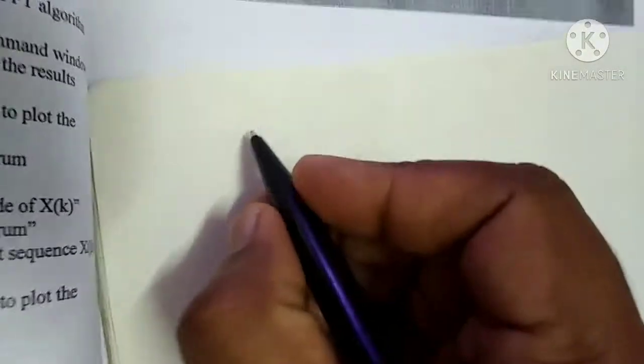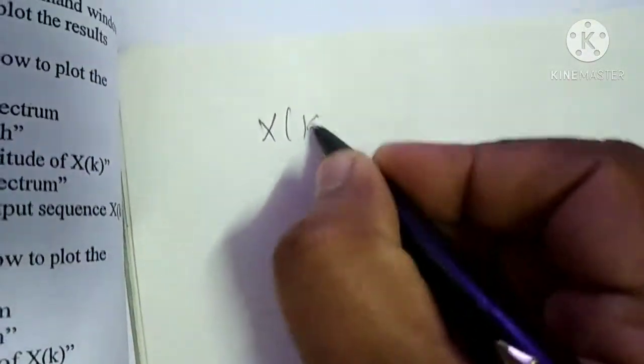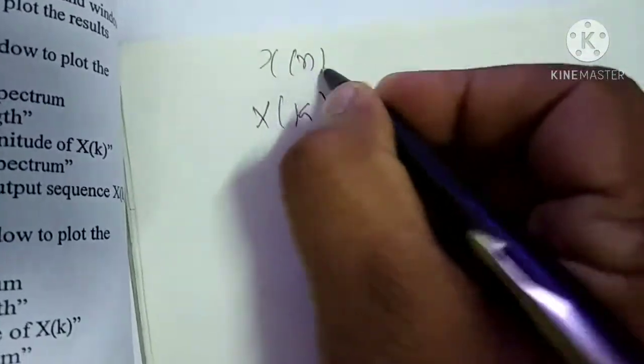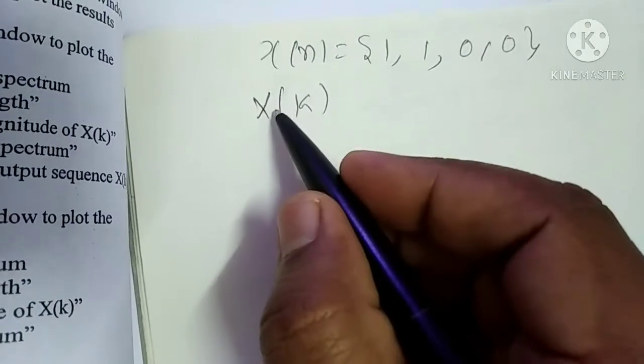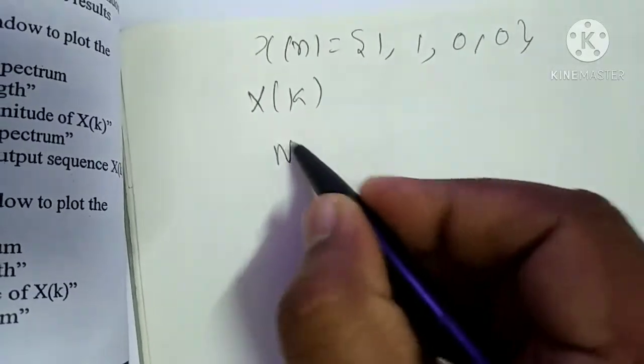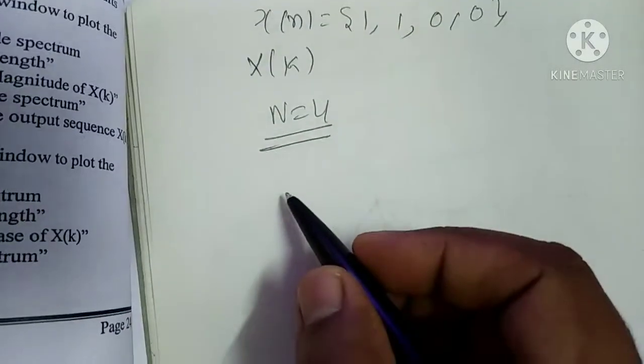So here let us take the same example and calculate the value of X of k. First, x of n they have given is 1 comma 1 comma 0 comma 0. Through this one also we can calculate. So here we have N equal to 4. There is a shortcut method for 4 values.